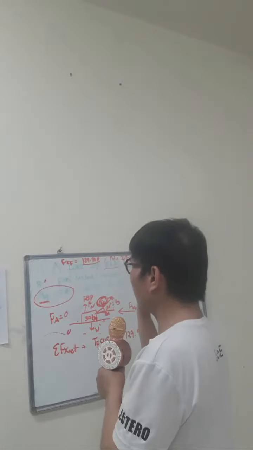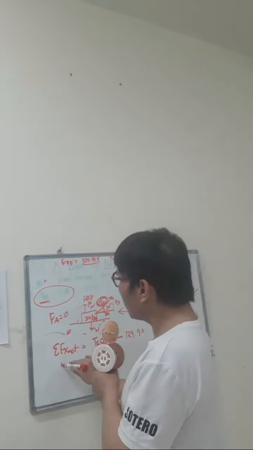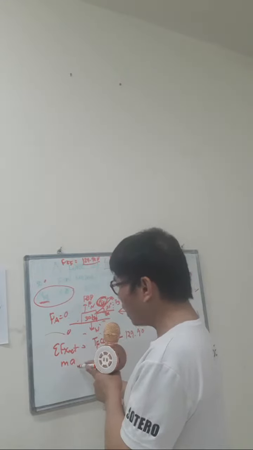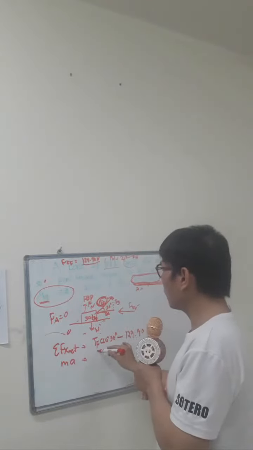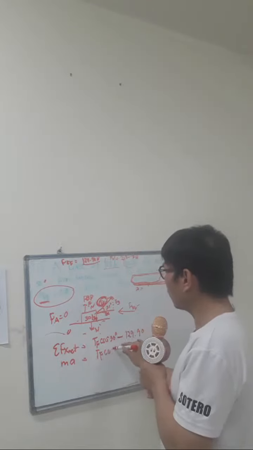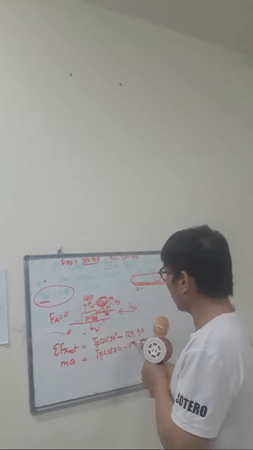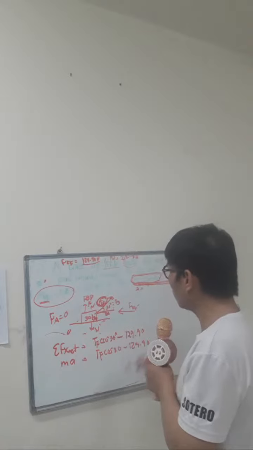So, the summation of Fx net is equal to mass times horizontal acceleration. The horizontal forces are TF cosine 30 degrees minus 129.90. Now, solve for the acceleration.